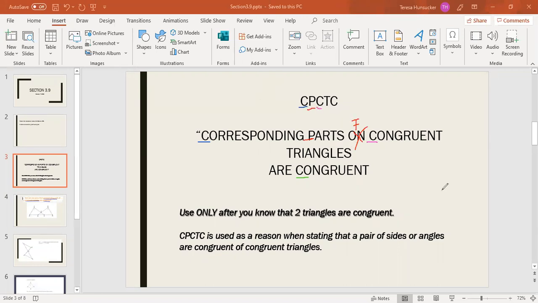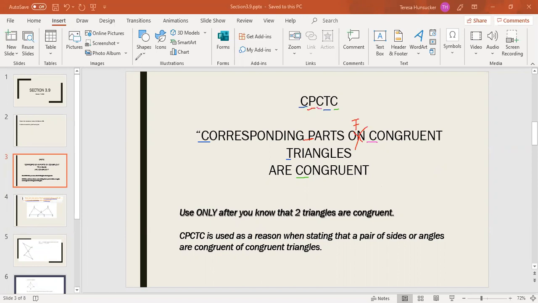Let me do darker blue for triangles, and then this green for congruent. So corresponding parts of congruent triangles are congruent.